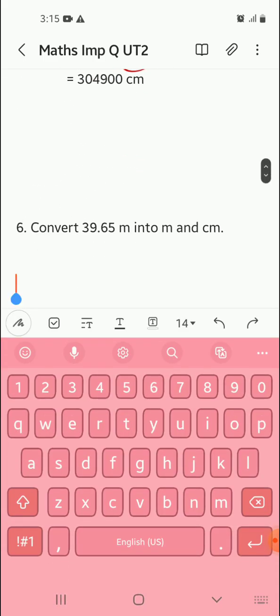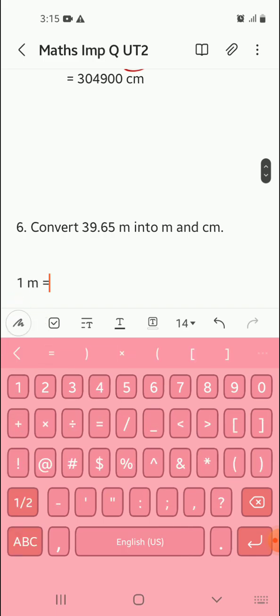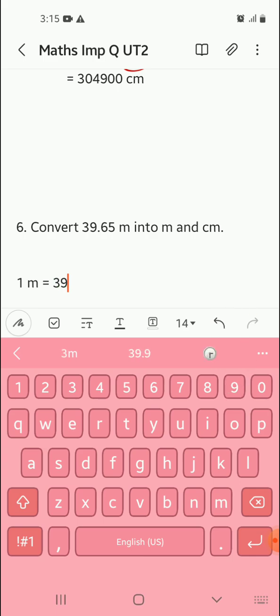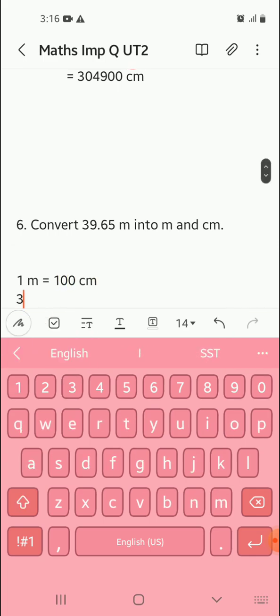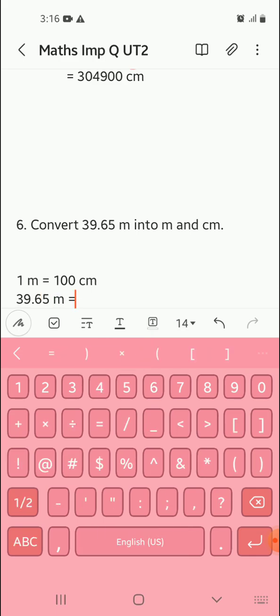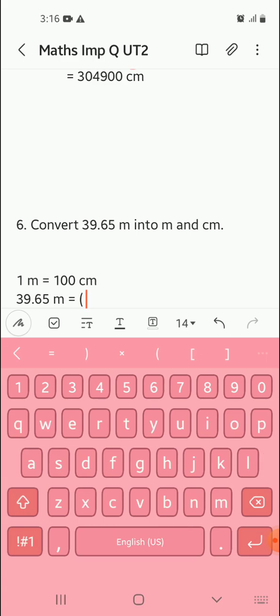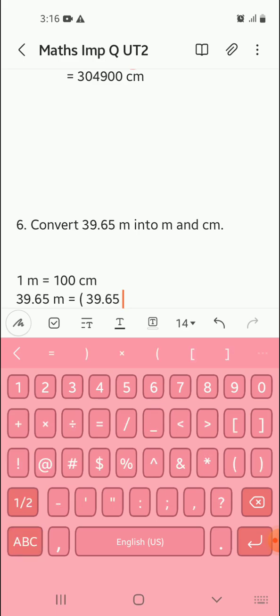Very simple. So we know that 1 meter is equal to 100 centimeter. So 39.65 meter is equal to 39.65 meter into 100.